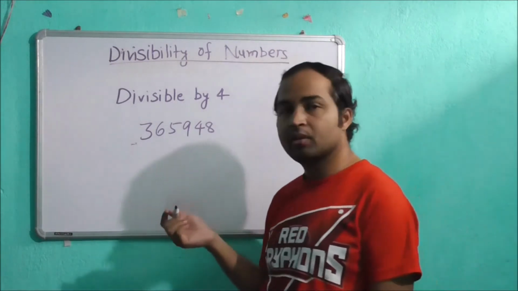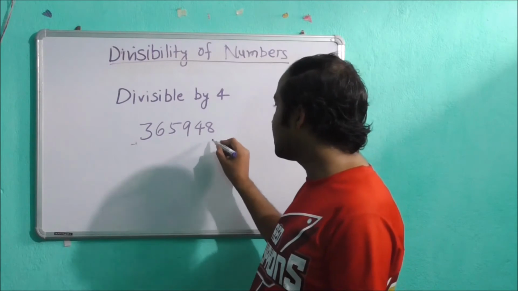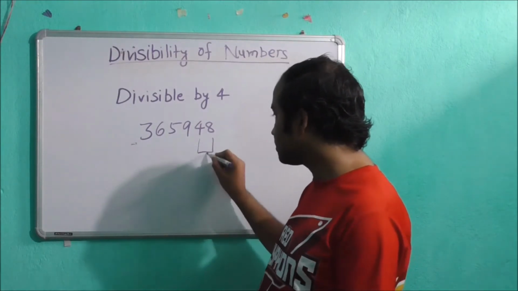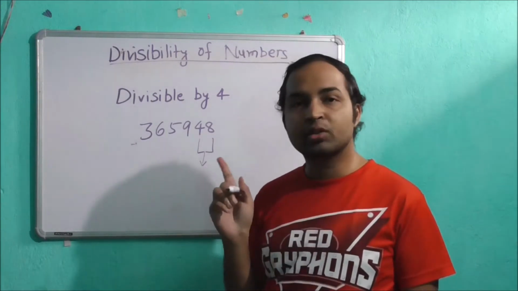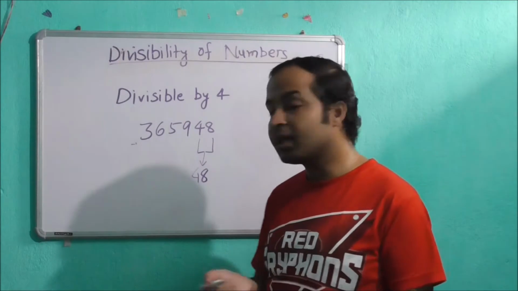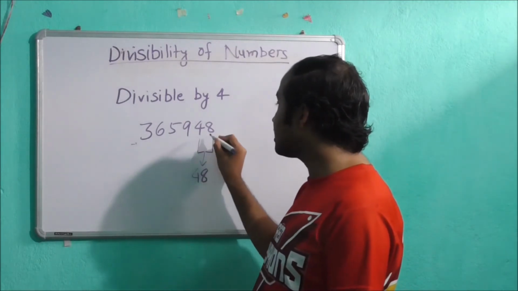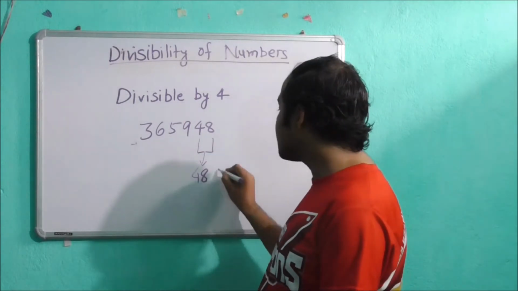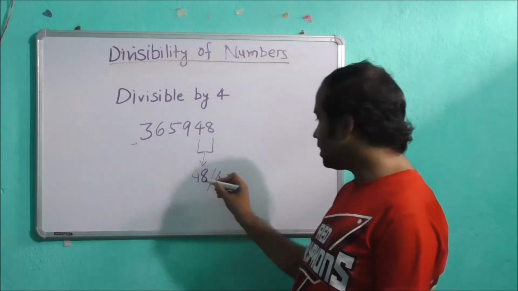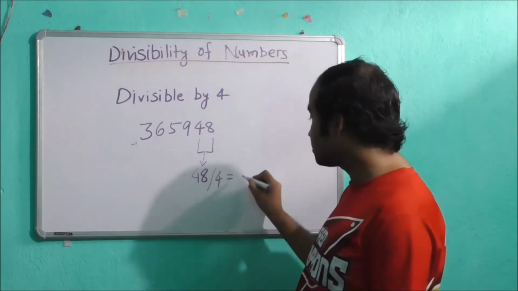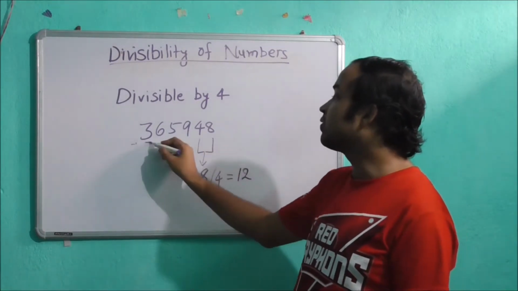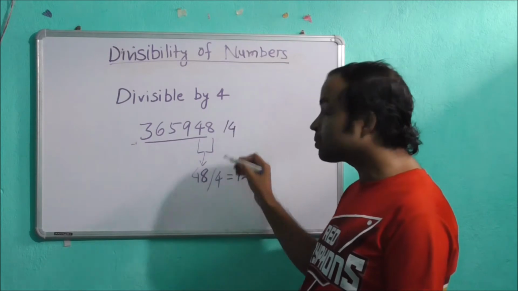In this case, we need to check the last two digits. The set of last two digits is 48. We need to check whether this is divisible by 4 or not. So 48 divided by 4 is 12. So this number is divisible by 4.